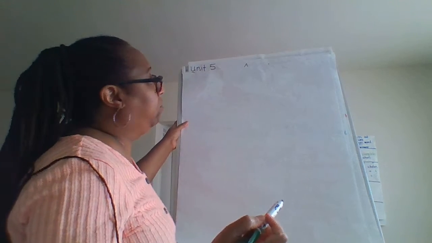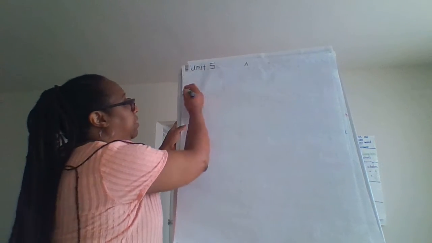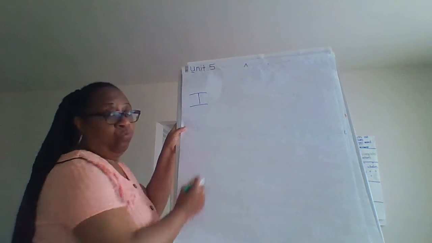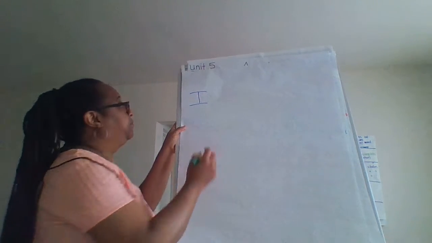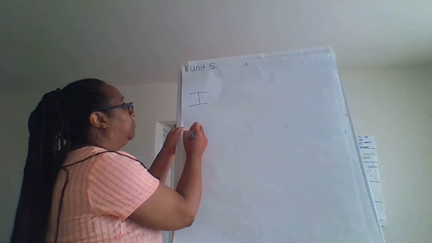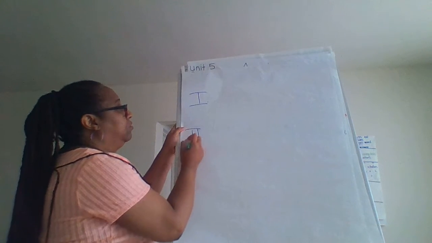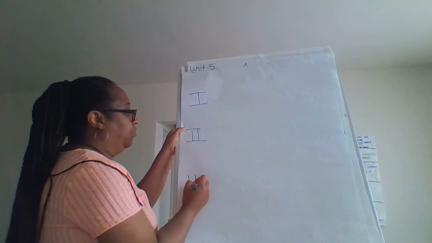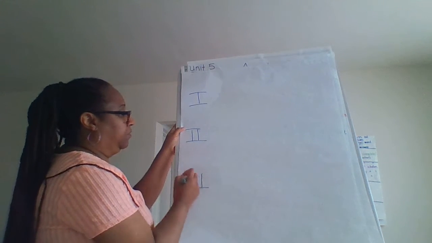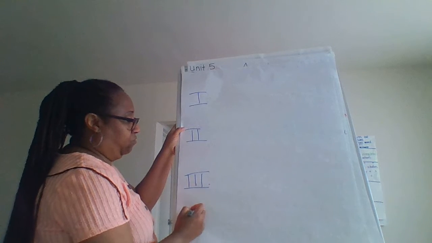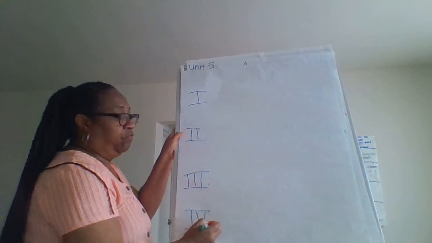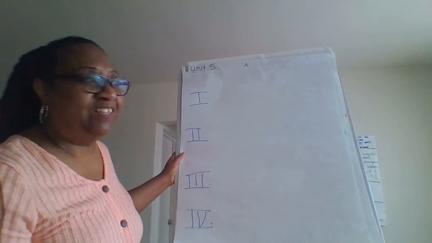We have an outline that we usually use: number one, Roman numeral 2, Roman numeral 3, and Roman numeral 4. Do you remember this outline?